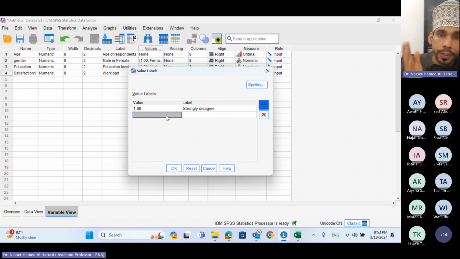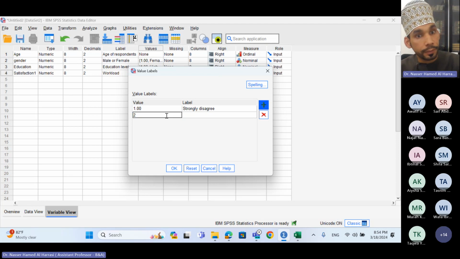But most students use positively worded questions, so you are going to allocate 5 for strongly agree and 1 for strongly disagree. Clear?